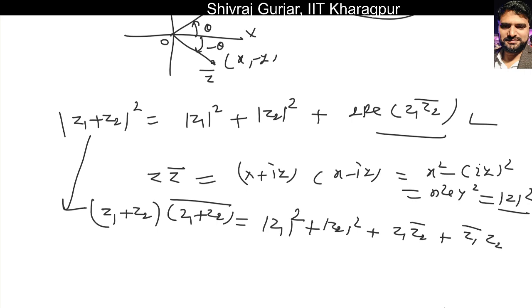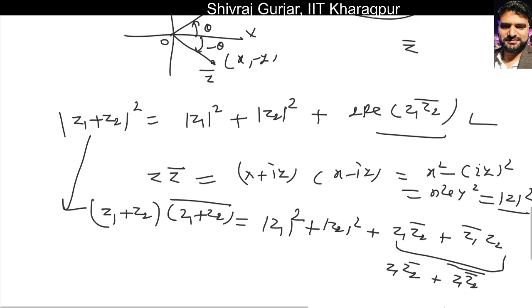Okay, so here notice that we can write this as z1 z2 bar plus the bar of z1 z2 bar, because the bar of z bar is z.